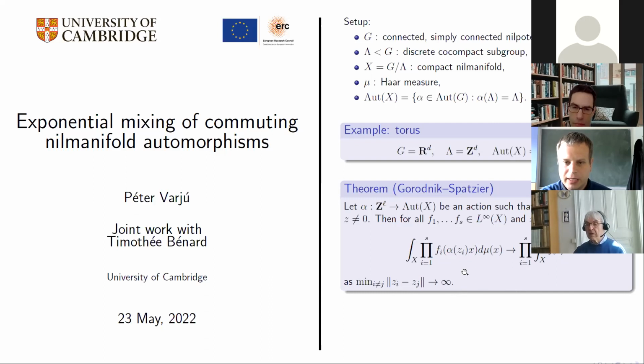So basically what this says is that this multiple correlation of your test functions twisted by the action will become asymptotically uncorrelated if the distances between the acting elements are far enough.